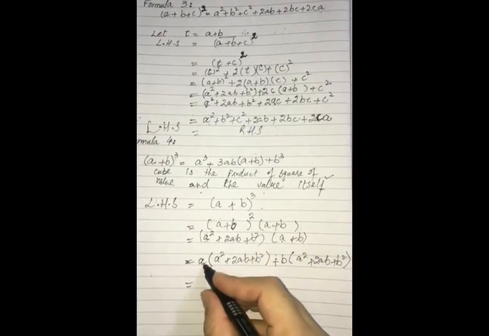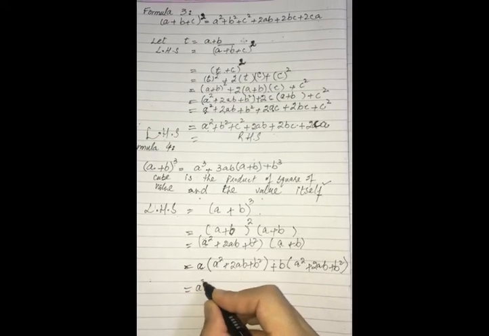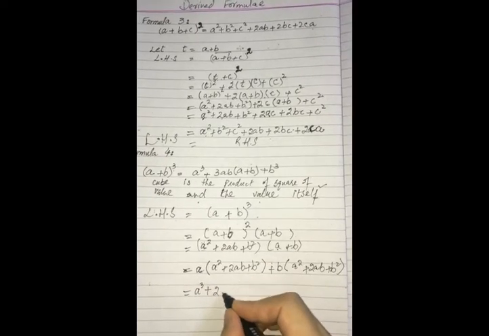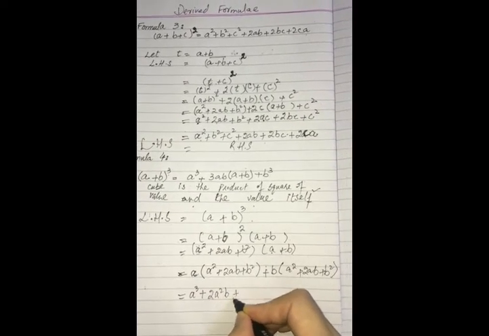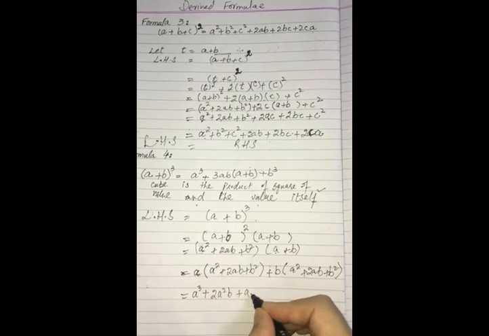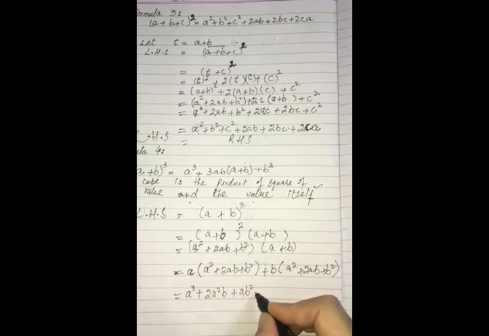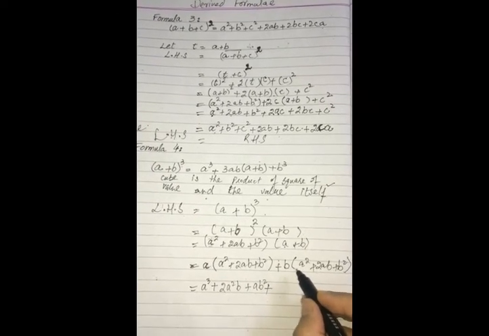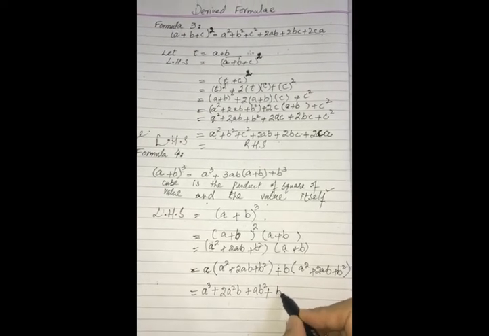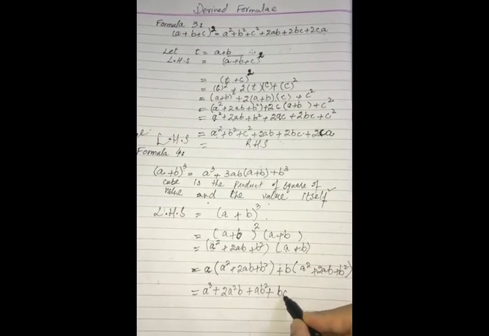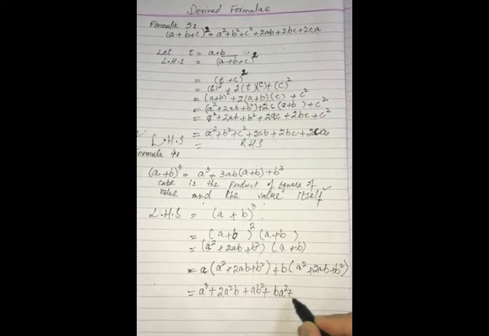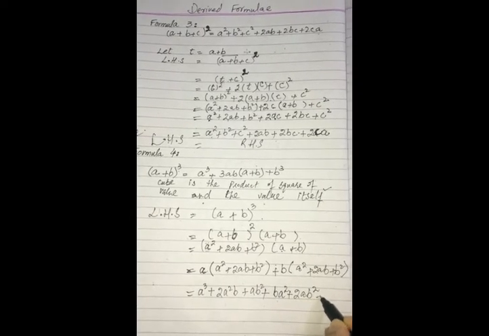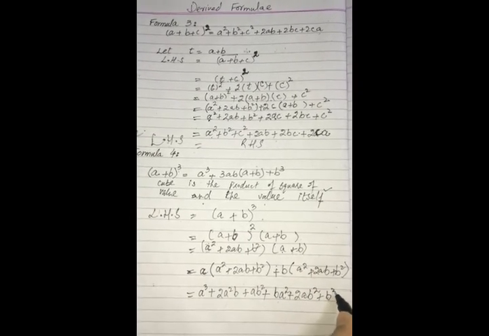Now multiply it. A into a square, a cube, + 2 into a square b, + a and b square, so multiplication is ab square, + b multiplied with a square will become a square b, + this b multiplied with this term, and we get ab square, + b into b square is b cube.